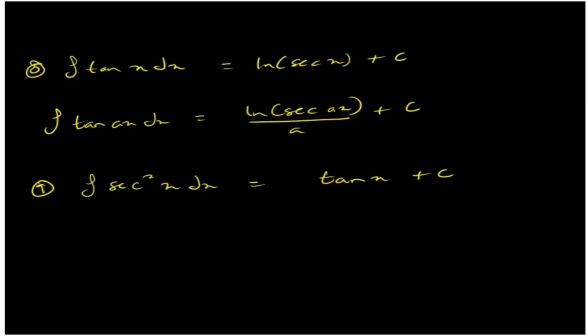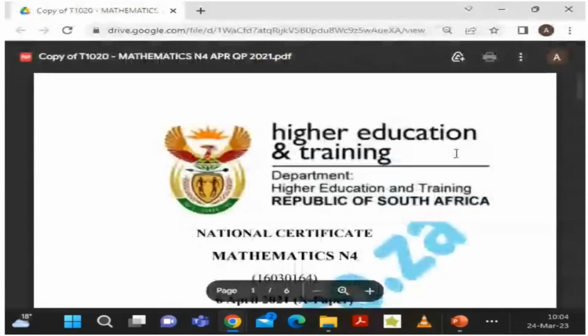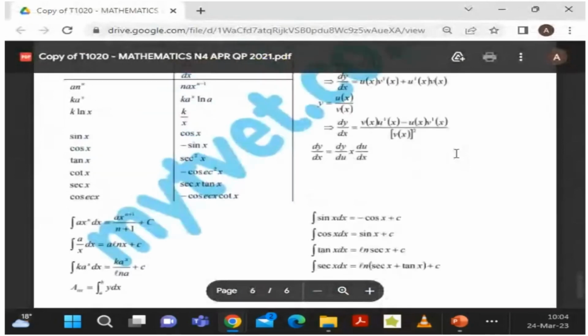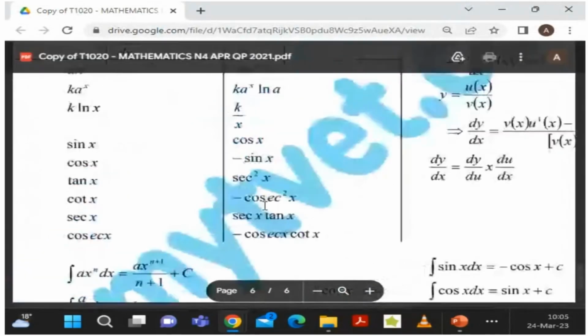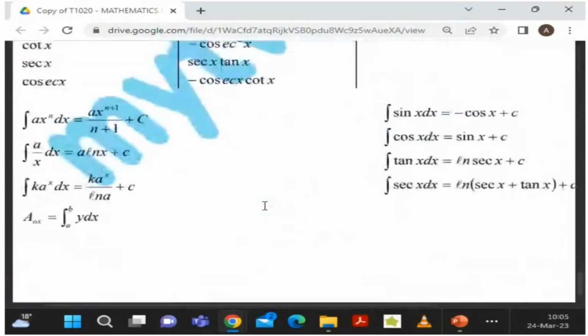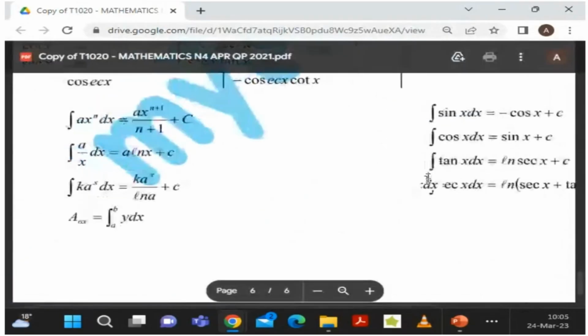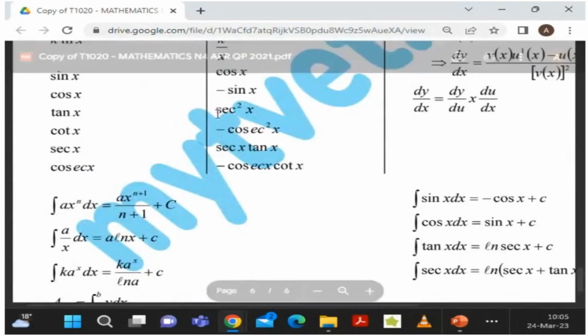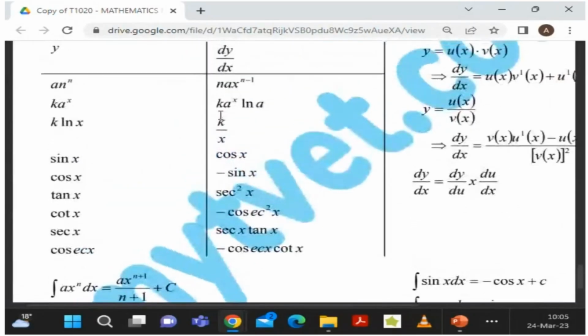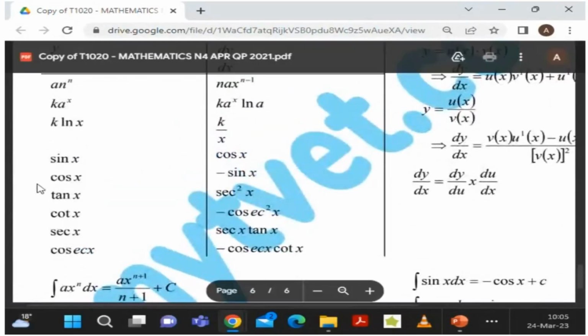Sec squared. Because you see, let me open my formula sheet here. Look at this. See what it says here. Now in this one, they only gave you these few rules. But see this one. Here, if I differentiate tan, I get sec squared.